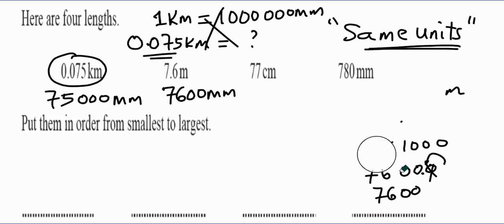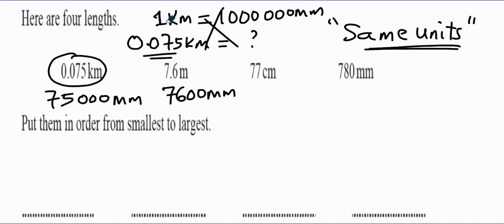Then the last part is changing centimeters into millimeters. From King Henry daughter blah blah, we know that 1 centimeter equals 10 millimeter.